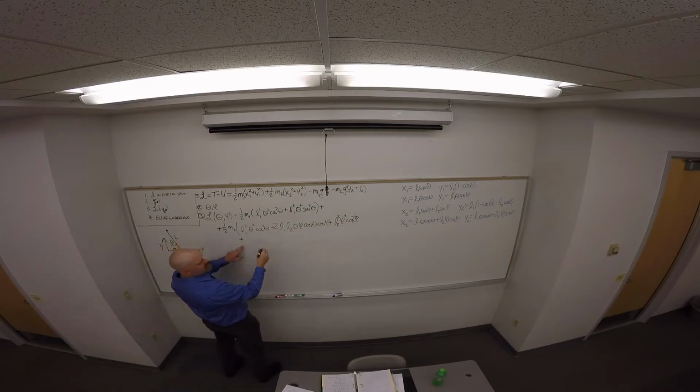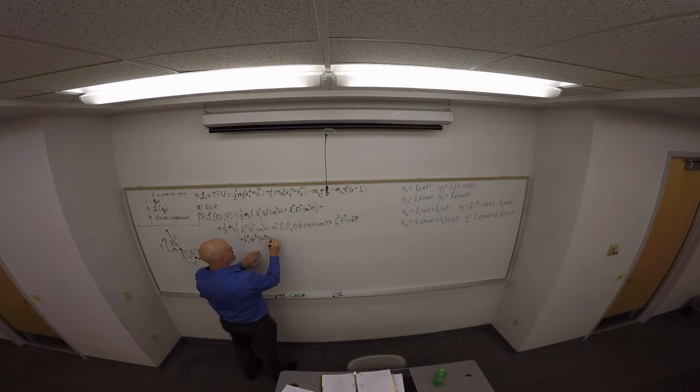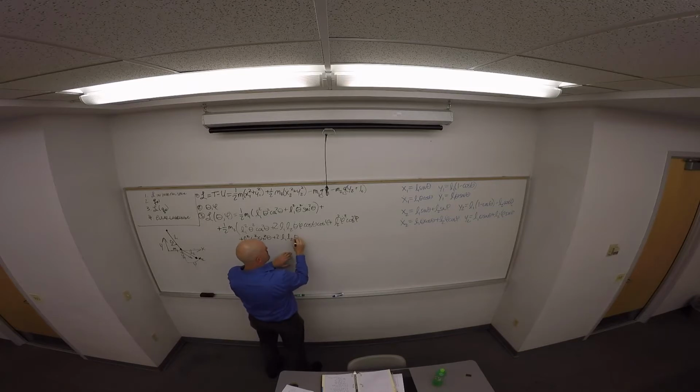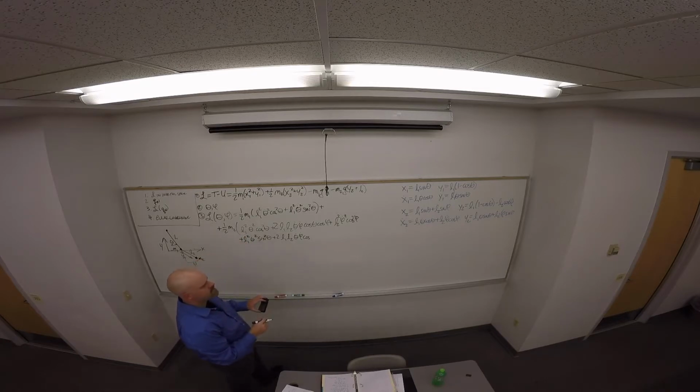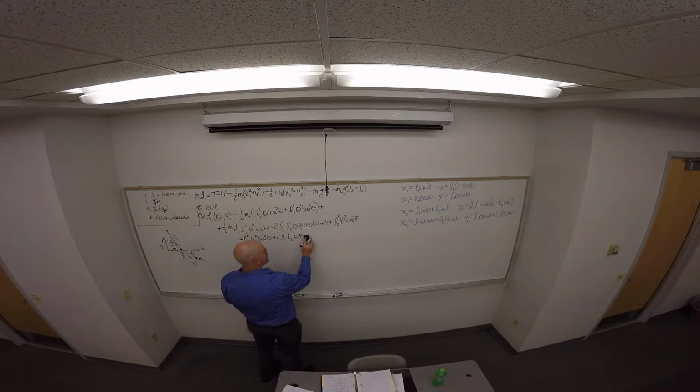all right, this one's not going to be too dissimilar. It's going to be L1 squared theta dot squared sine squared theta plus 2 L1 L2 theta dot phi dot. You just replace the cosines with sines in the second equation.